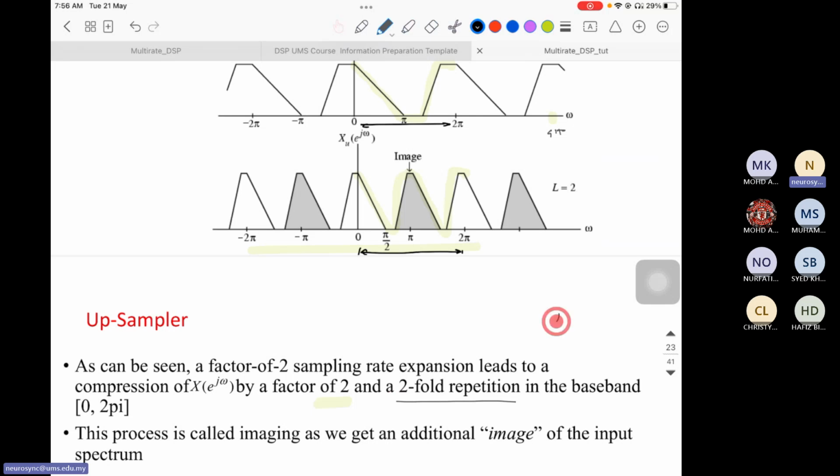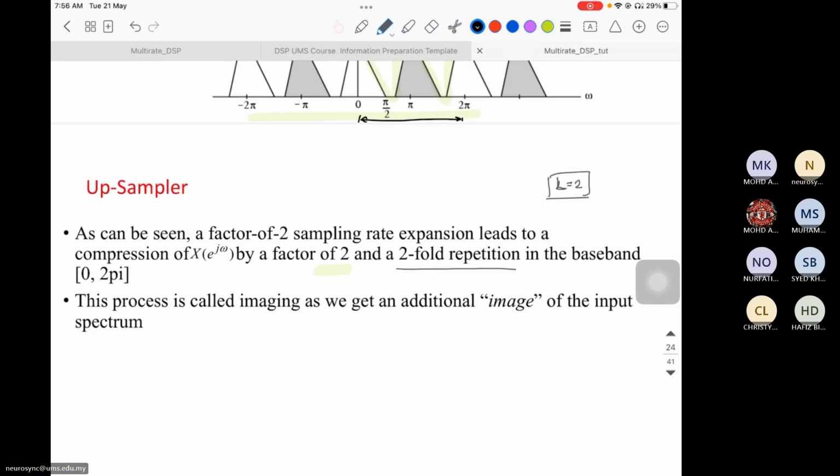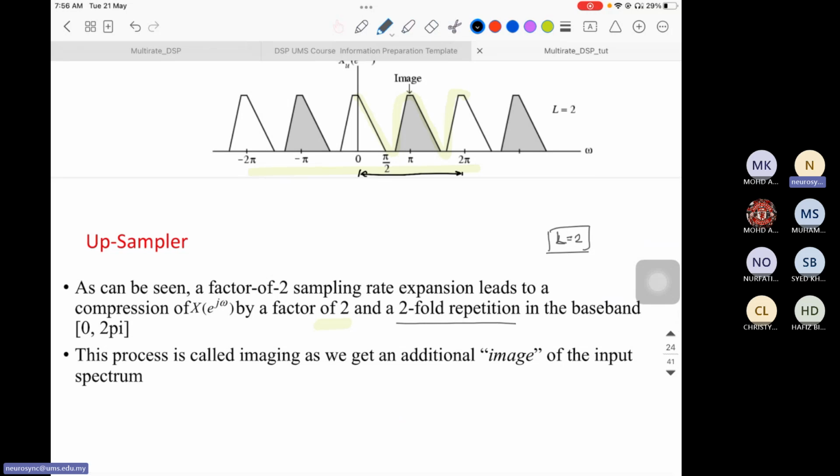Why? Because our upsampler factor is L equal to 2. If it is 5, then there will be fivefold repetition, and it will compress by a factor of 5. Now you get an extra image in the compressed version.